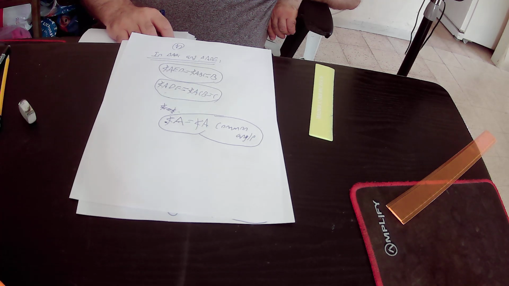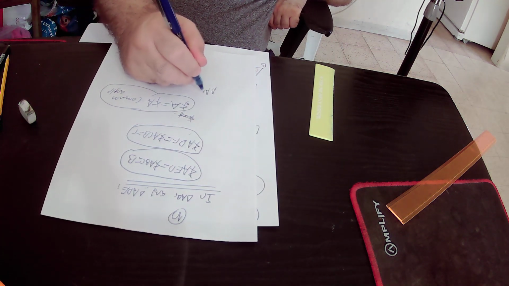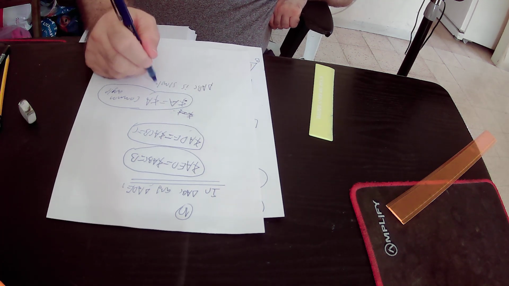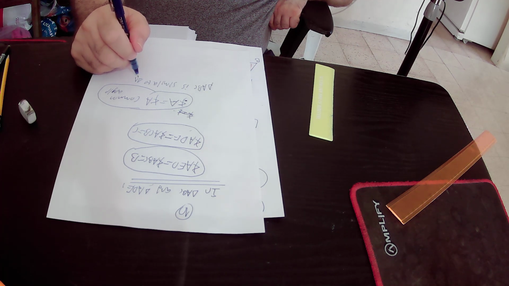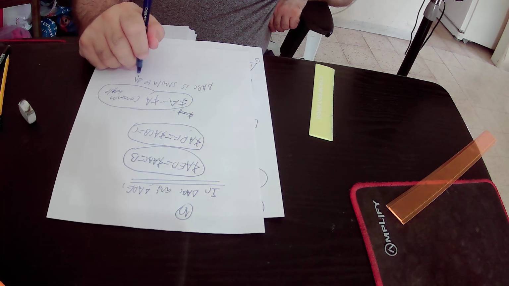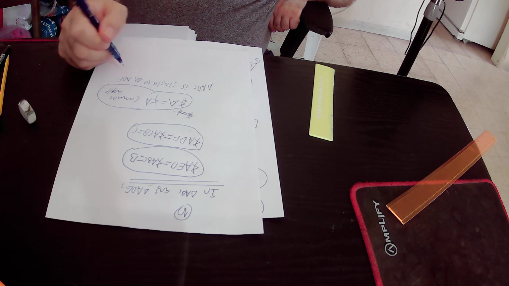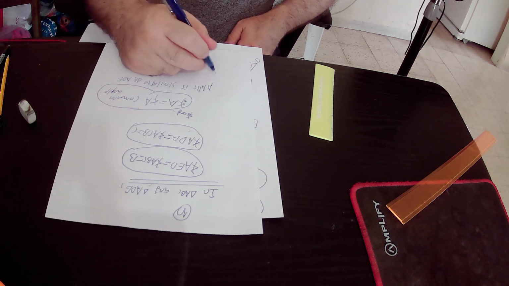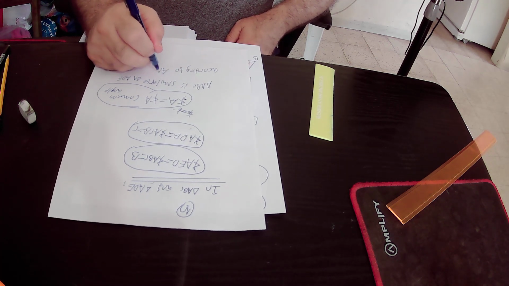Therefore, we proved that triangle ABC is similar to triangle ADE according to the angle similarity rule.